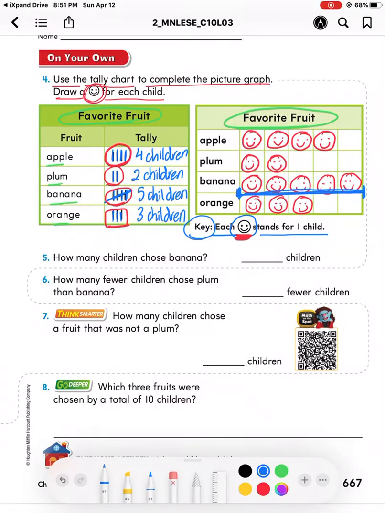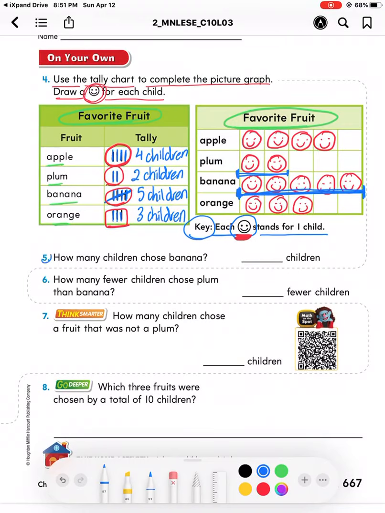The fruit that got the lowest number of children who consider it as their favorite fruit? Of course, the plum. How did I know? The plum got the shortest row. Okay? So that's how the picture graph shows us in an easier way how to compare data in a very easy and simple way.